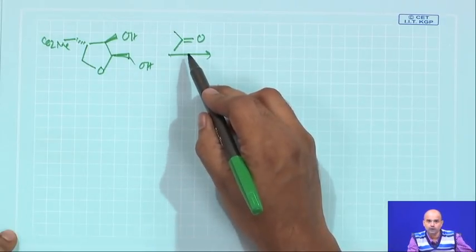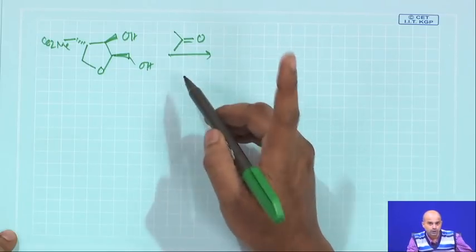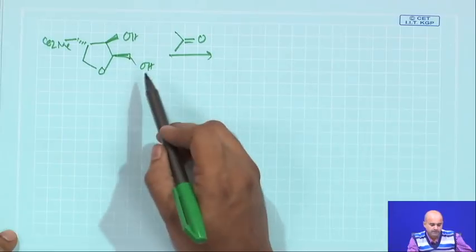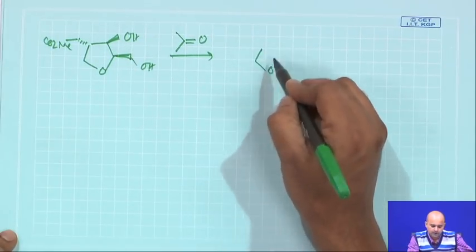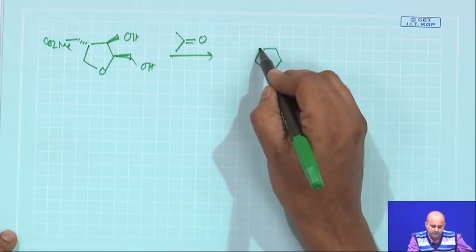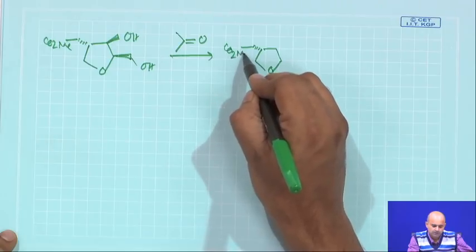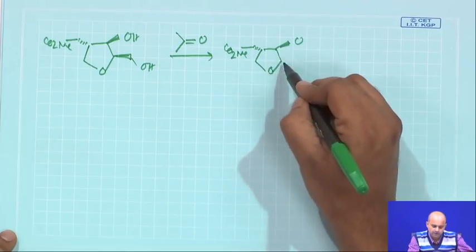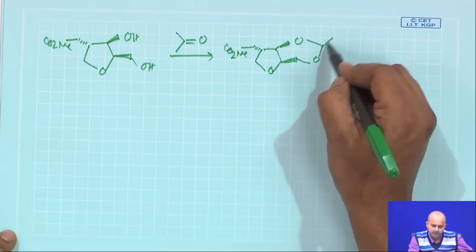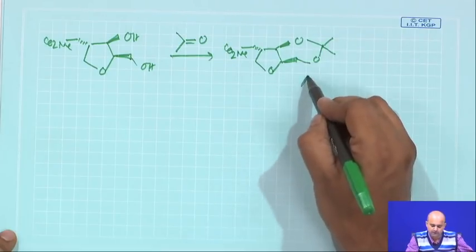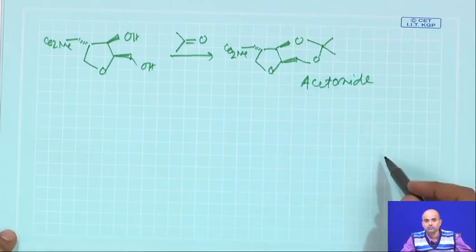Now, as all of you know, acetone can easily form a ketal with 2 equivalents of alcohol. Here the 2 equivalents of alcohol are one primary alcohol and one secondary alcohol. So, what will acetone do? It will form the cyclic ketal, which is named an acetonide in chemical terminology.